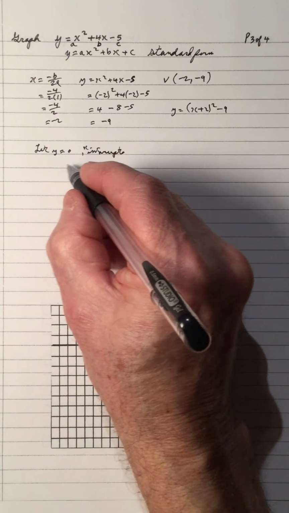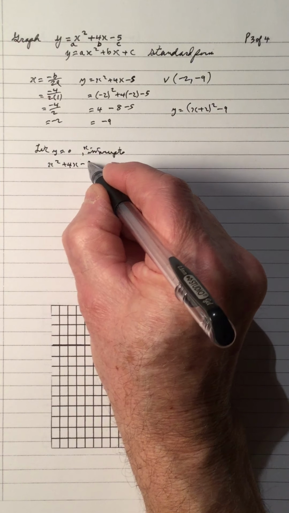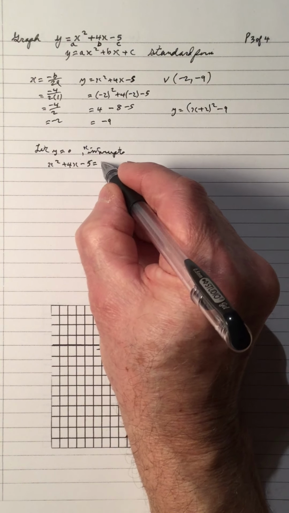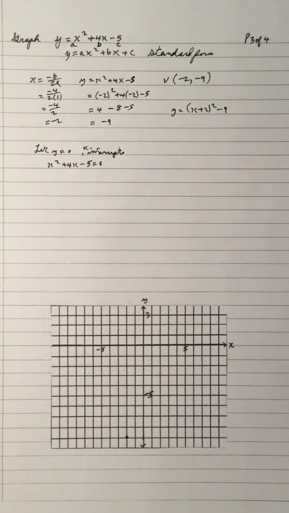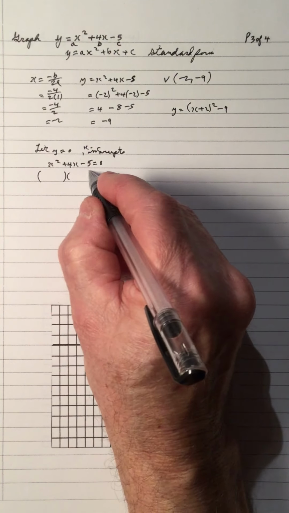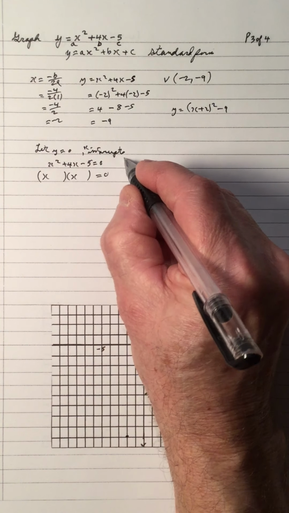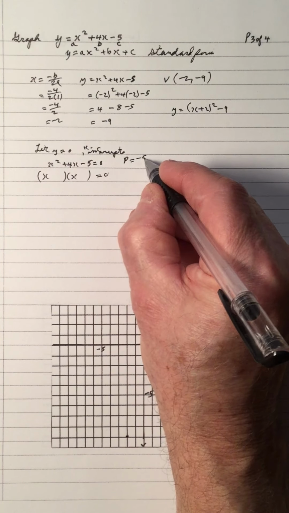And so I let y equal 0, so x squared plus 4x minus 5 equals 0. And for the x-intercepts, I'm going to factor. Notice this is factorable, probably. X squared is x and x. The product is -5.